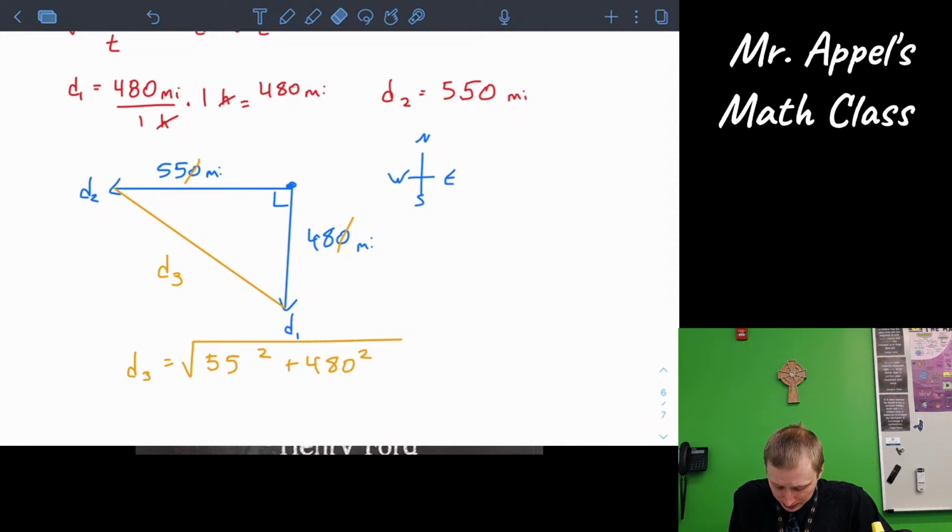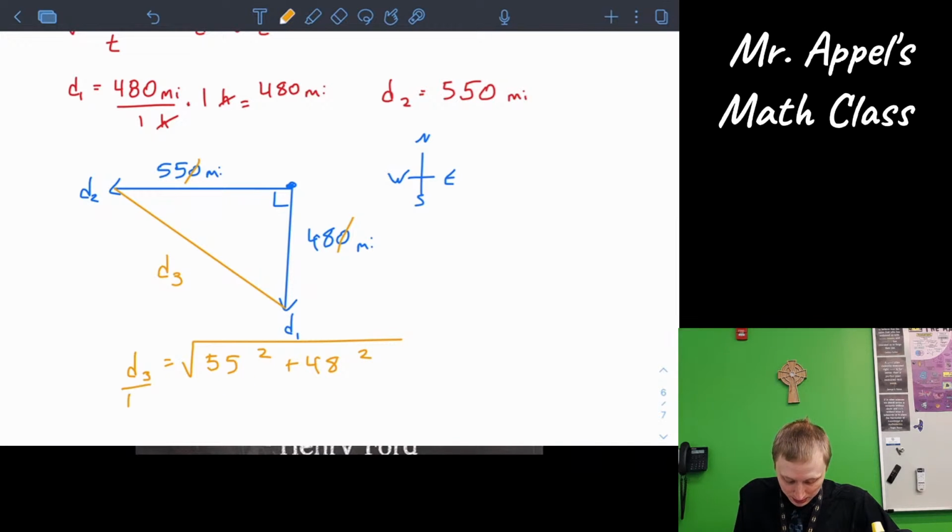And this is perfectly acceptable as long as you remember to do it to all 3 sides. So if I divide this by 10 and this by 10, I have to divide that by 10. So D3 here is not actually the square root of 55 squared plus 48 squared.